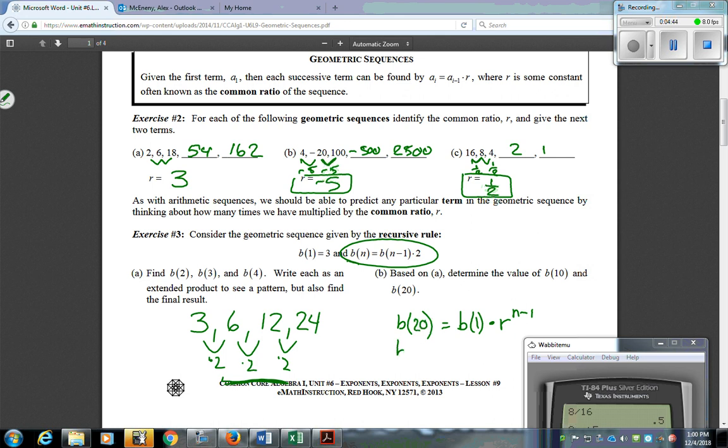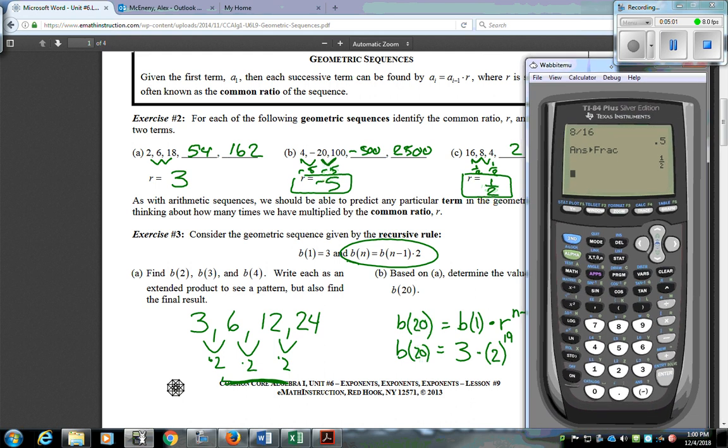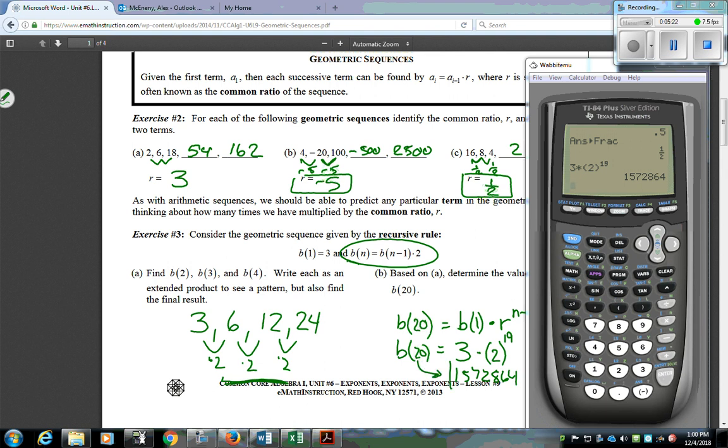So the 20th term for this is going to be the first term, which is 3, times 2, and for the 20th it would be 20 minus 1, which is the 19th power. I can type this in the calculator, and that would end up being 1,572,864. That would be our 20th term.